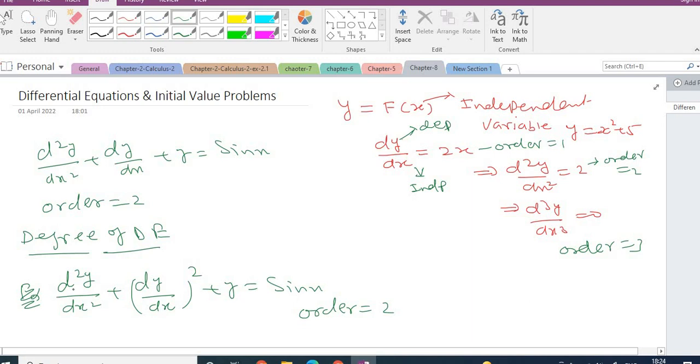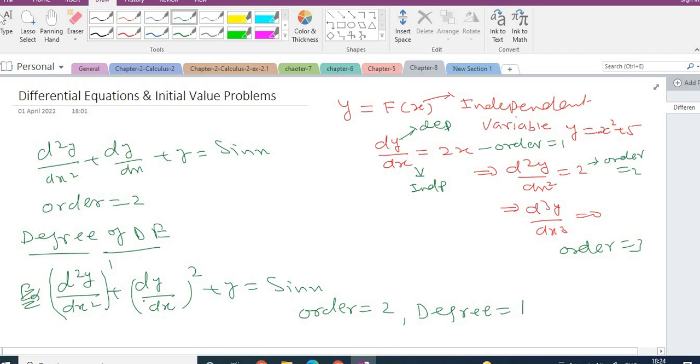Number second thing, how do we check the degree? Degree means the power of the maximum order derivative. The maximum order is this one, so we need to check its power. We can write d2y dx2 power 1 and dy dx power 2. But dy dx is not the maximum order; d2y dx2 is, and its power is 1, so the degree of this differential equation is 1.